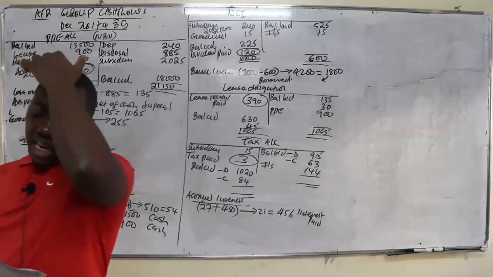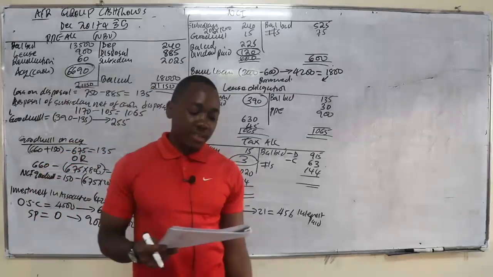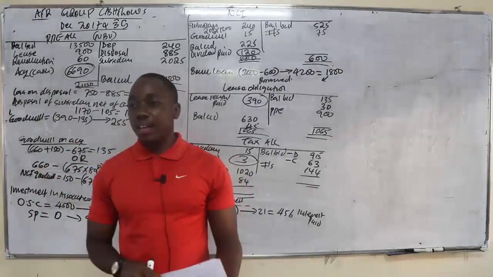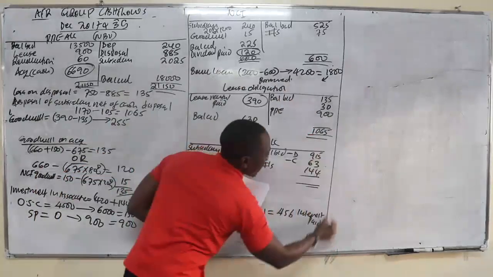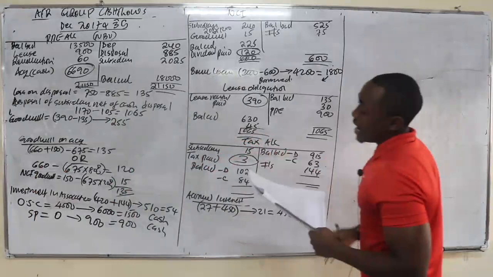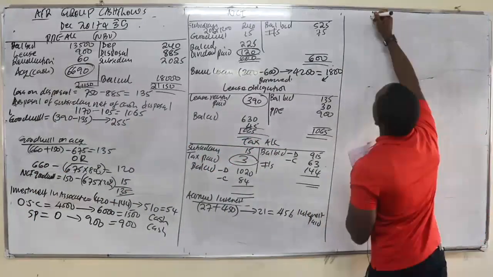Let's go to the required. Group statement of cash flow in accordance with IAS 7, statement of cash flow for the year ended December. And they were silent about the method to use. Which method do you want us to use? Direct? Good.